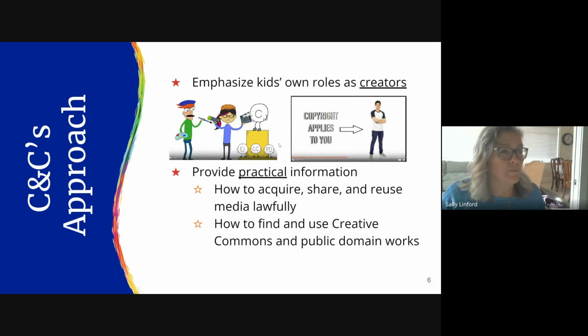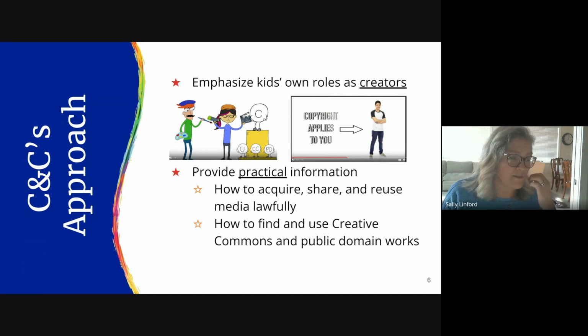Okay, here's our approach. We like to be positive in teaching copyright. We do not like to waggle our fingers and say, don't be a pirate, none of that. We want to emphasize the kids' own roles as creators and help them understand that when they make something, even on their phone or on their iPad, it has copyright protection.